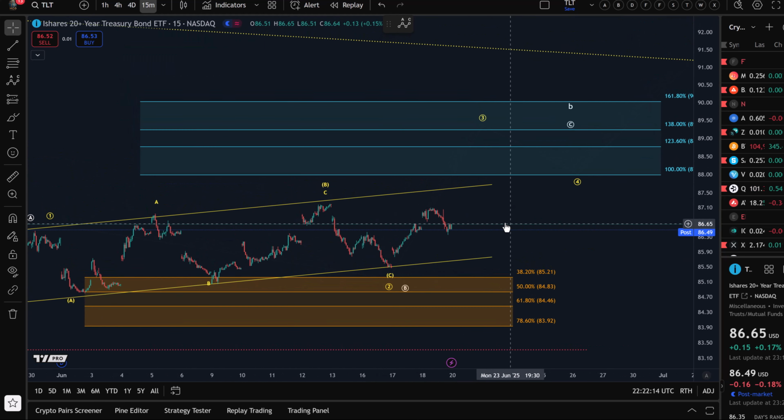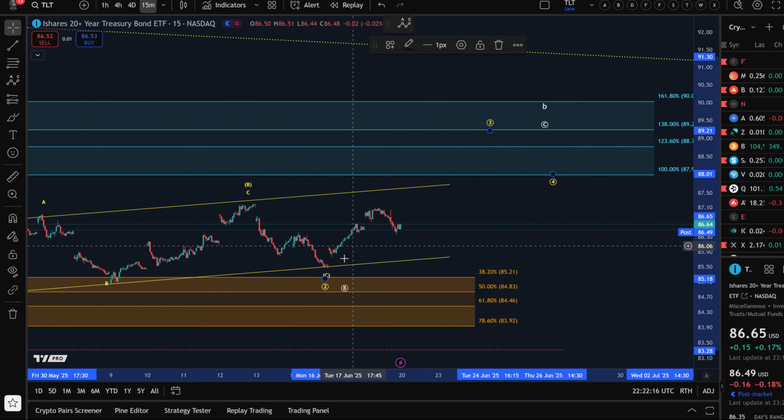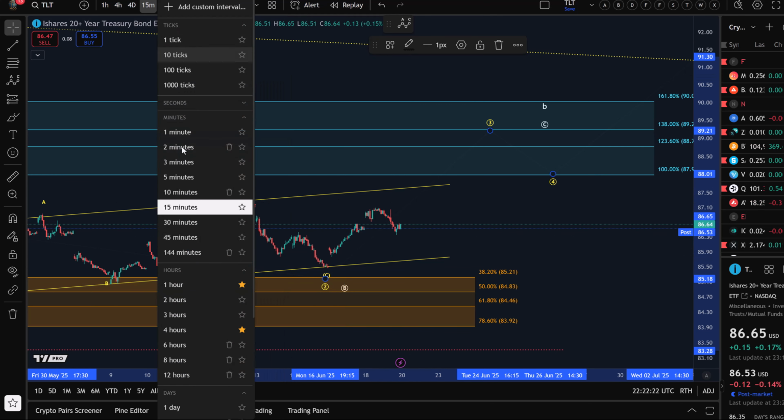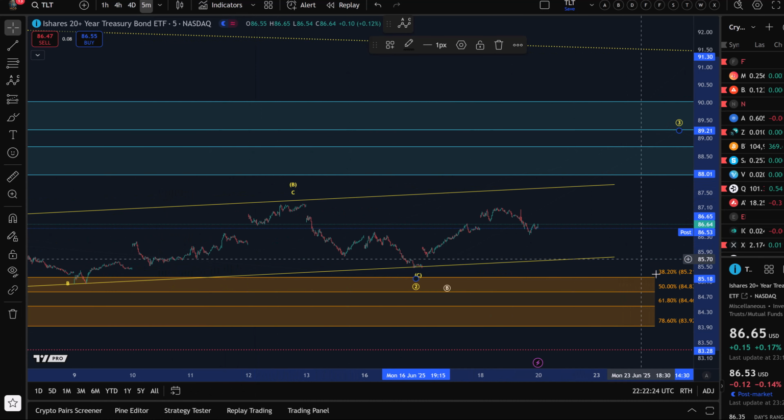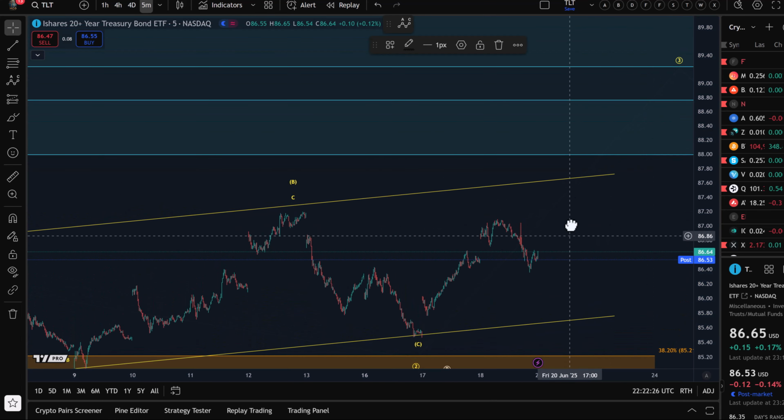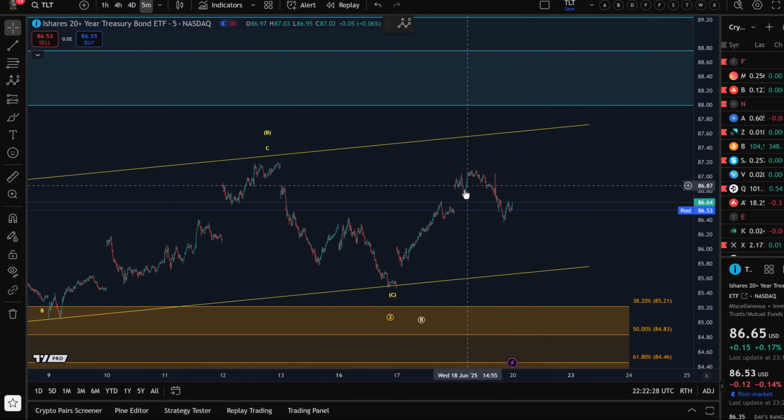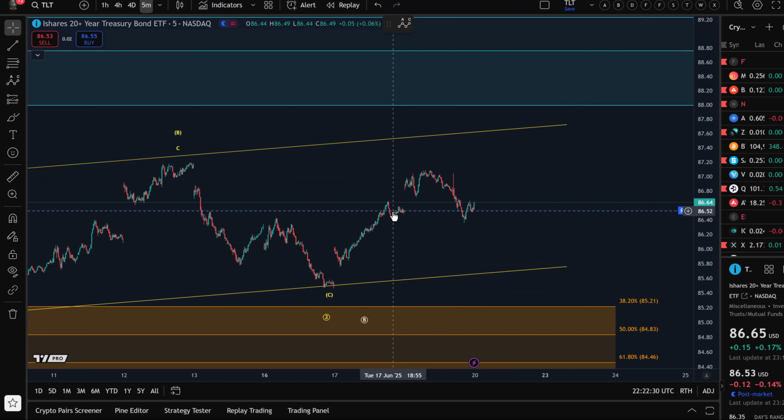Now, this move to the upside. It's obviously a little bit difficult really to read here the nanostructures. We could try to go to the 5-minute chart. It's a bit tricky to really read those microstructures sometimes, you know.